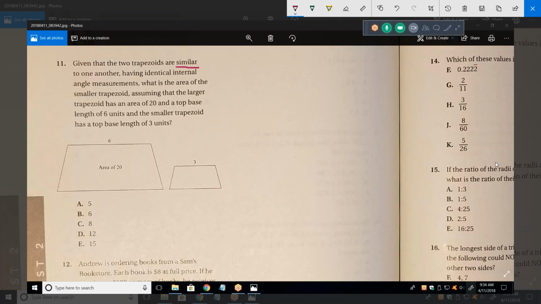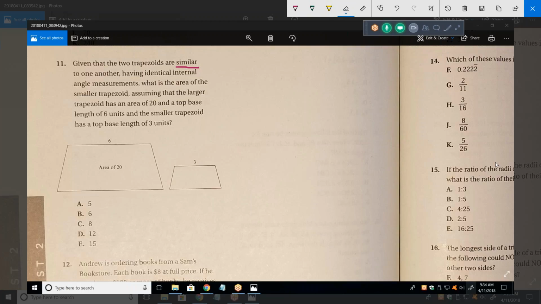So we're going to underline that. And that means they have identical internal angle measurements. In other words, that angle is equal to that angle. All four angles are equal to the corresponding angles of the other trapezoid.